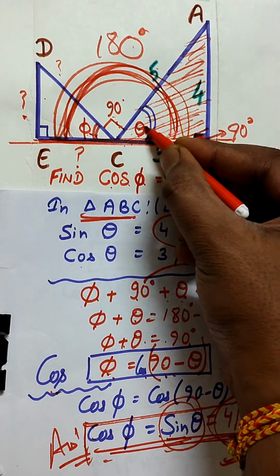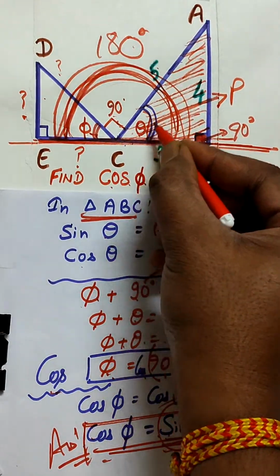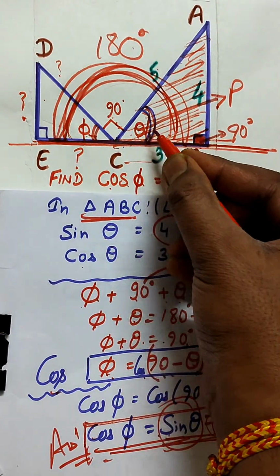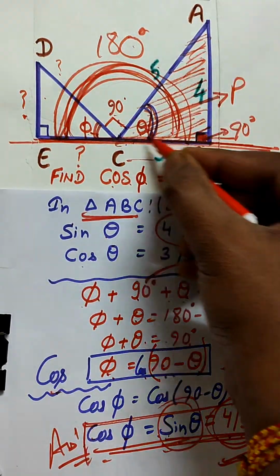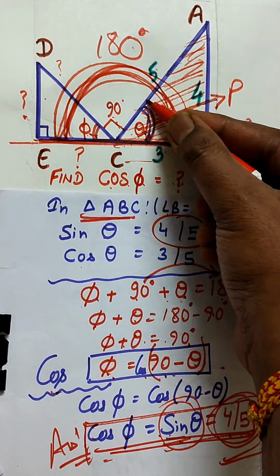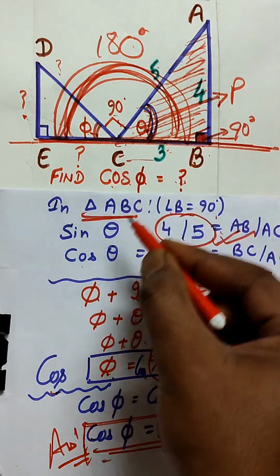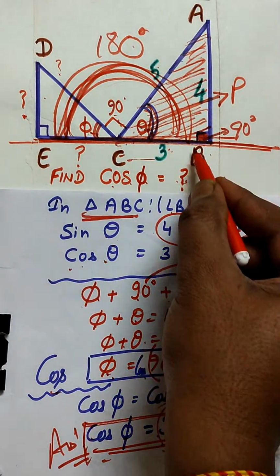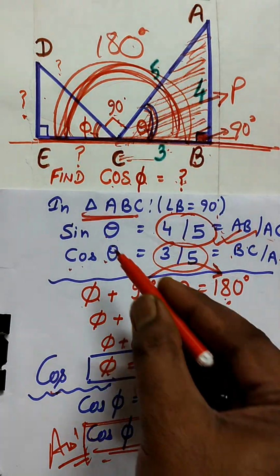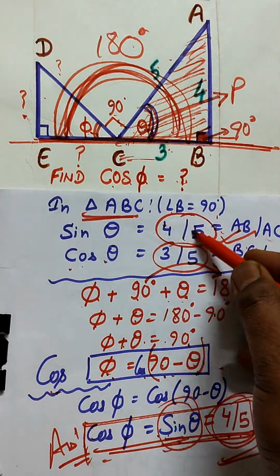The side opposite to theta is the perpendicular, and BC will be the base, because for any trigonometrical ratio in a right angle triangle, the angle in consideration forms an angle with the hypotenuse and base only, right? So BC is the base. That's why cos theta is base by hypotenuse, that is BC by AC. So this will come as 3 by 5, and sine theta is perpendicular by hypotenuse, that is 4 by 5, right?